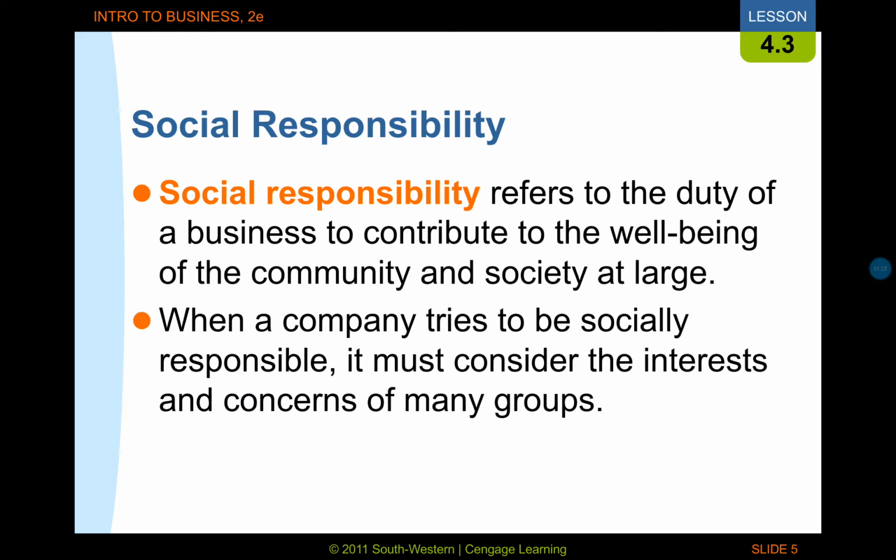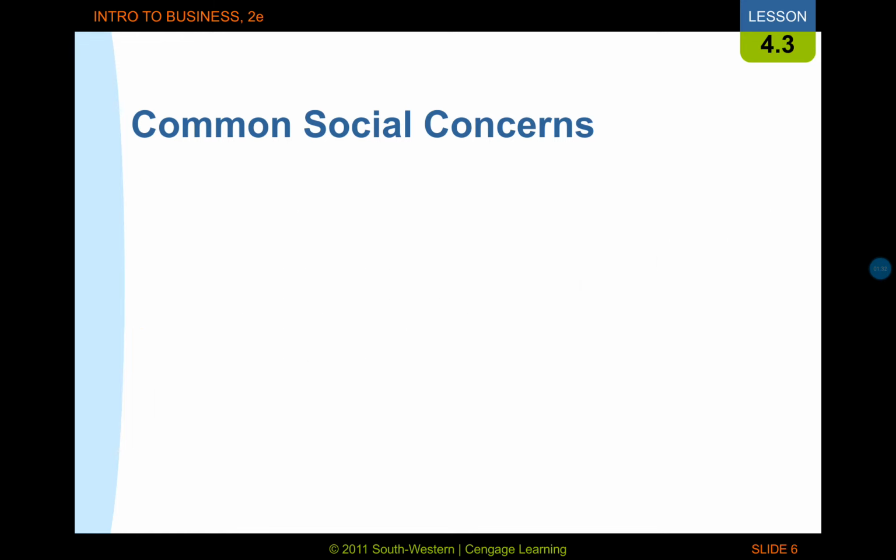So when a company tries to be socially responsible, it must consider the interests and concerns of many groups. Some common social concerns would be protection of the environment.